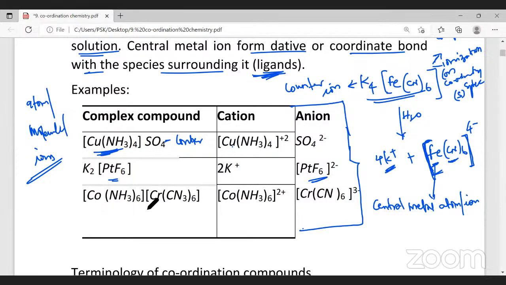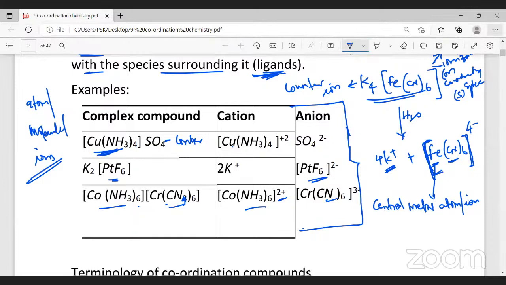And if you take this, you have [Co(NH3)6] and [Cr(CN)6]. The [Co(NH3)6] has a 2+ charge, and [Cr(CN)6], not CN3, it is CN 6, has a 3- charge. Both are complex ions here. Even the anion is complex and the cation is complex. Now, what is the definition of a coordination compound?